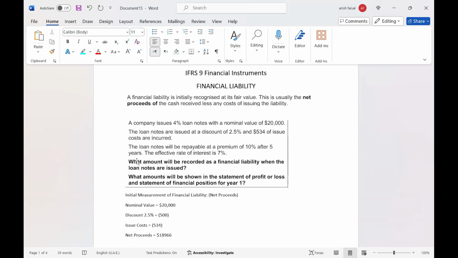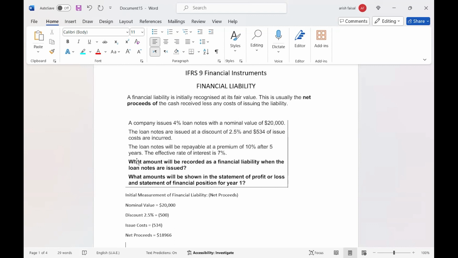The effective rate of interest is 7%. I will quickly explain how we got this 7% also. When you say effective rate of interest, it's actually the total cost of the loan to the company, which is 7%, because the 4% only covers the interest which will be given every year.